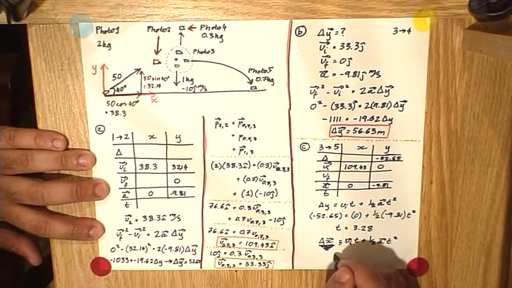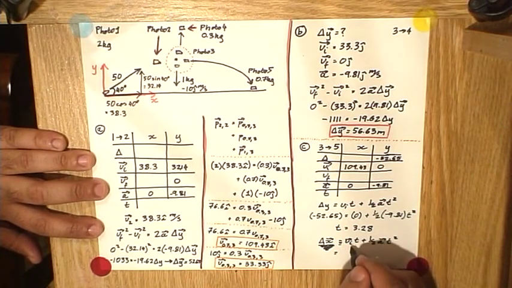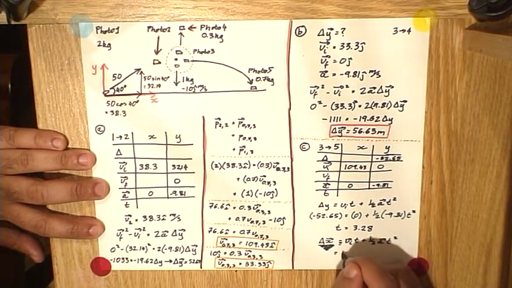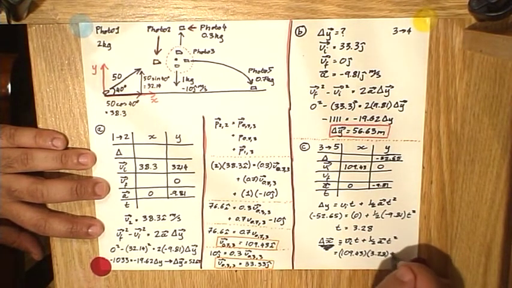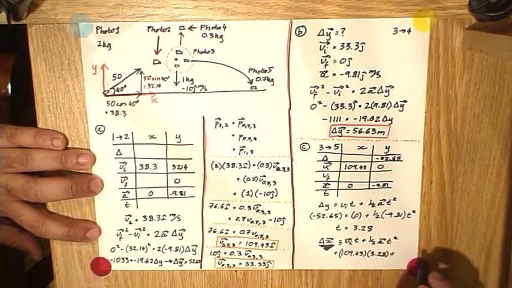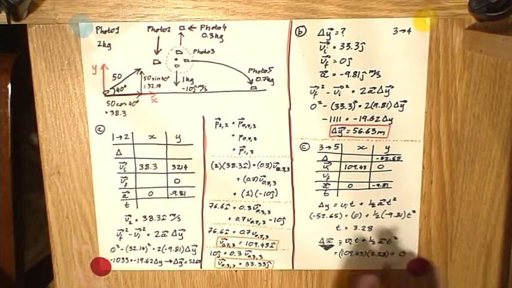So delta x is unknown, but that in turn is equal to v initial, which is 109.43 times 3.28 plus the acceleration here is 0. So this entire second term is going to work out to 0.